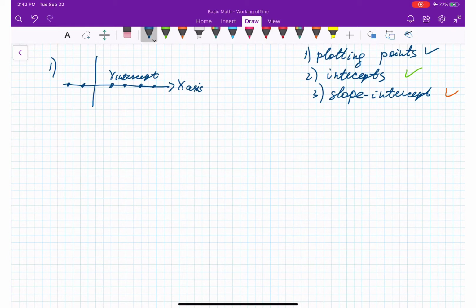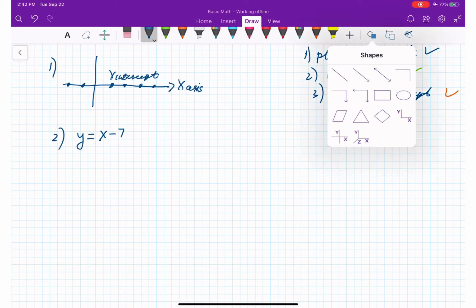So we are given the equation y is equal x minus 7. Based on this equation, given one value of x, we need to identify how much will be y.